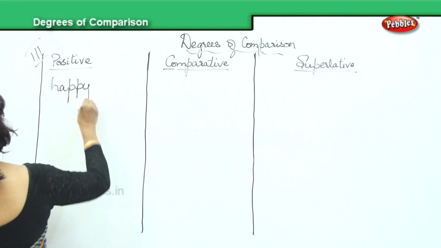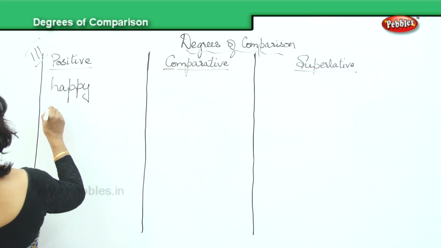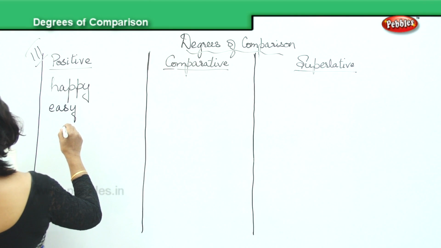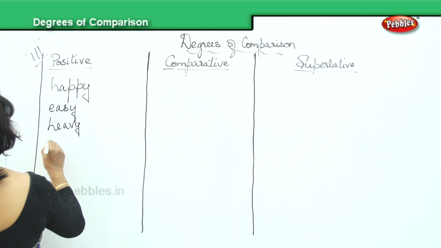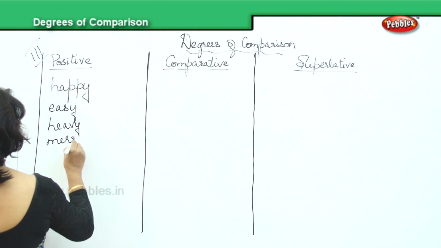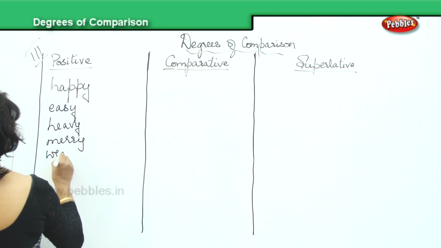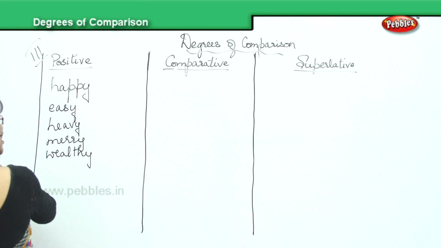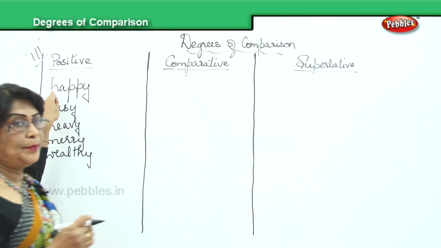Happy, double syllabled word. Next one, easy. Then heavy and merry and wealthy. Okay, we'll just do these words and then go on to the next rule. Happy.